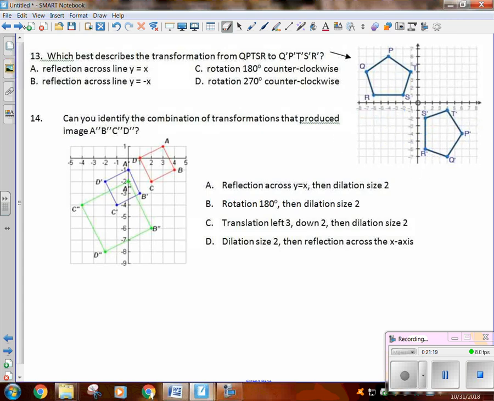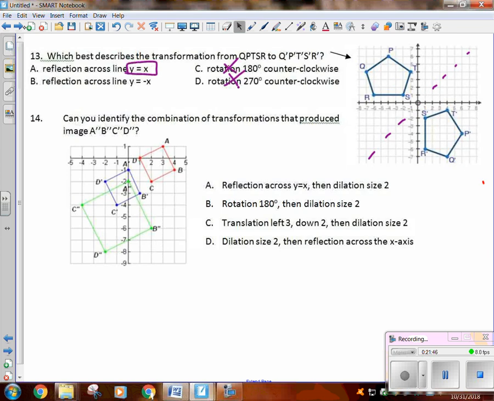So I'm going to scratch off the idea that it was rotated, which means this one is either a reflection across y equals x, or a reflection across y equals negative x. And hopefully you can see that it's not across y equals negative x, it's actually across here.